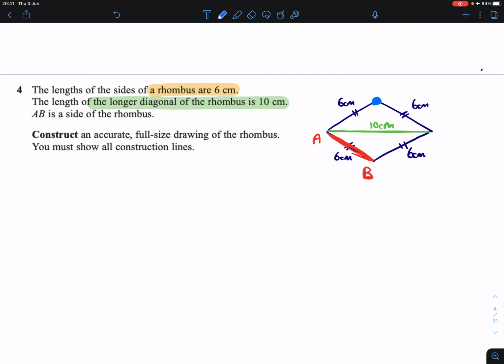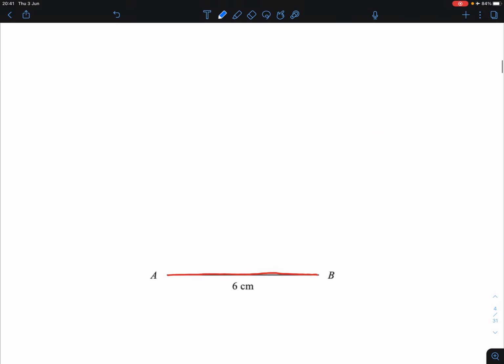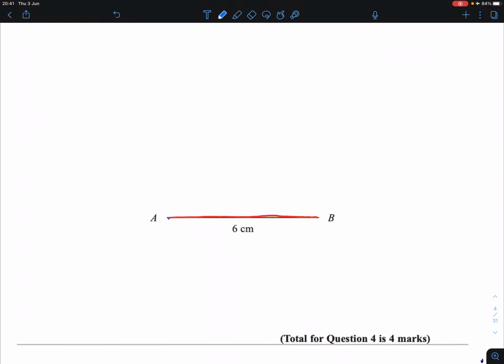In terms of our actual sketch, we're going to need an arc showing all of the points that are 6 centimeters from A. We're also going to need to draw an arc that shows all of the points that are 6 centimeters away from B. So how that's going to look here is you're going to set your pair of compasses to match this length here because it's already drawn as 6 centimeters. And you're going to draw an arc from A and an arc from B. Now, if we do it from B first, I'm going to end up with something like this. Okay, all of that is roughly 6 centimeters away.